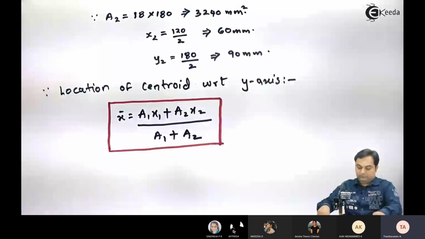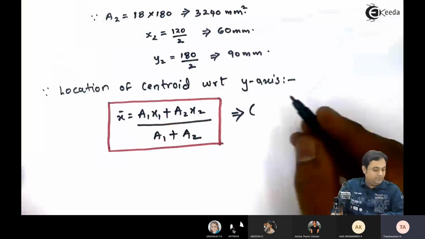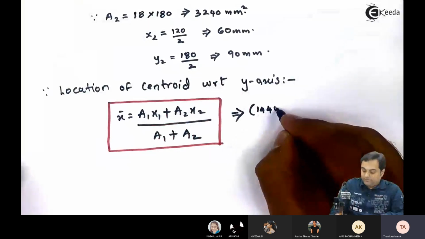Therefore, I put all the values here. A1 was 1,440 into x1.